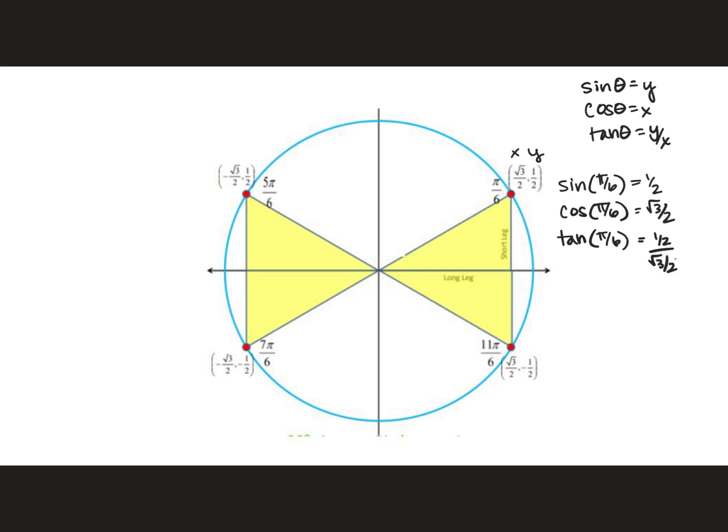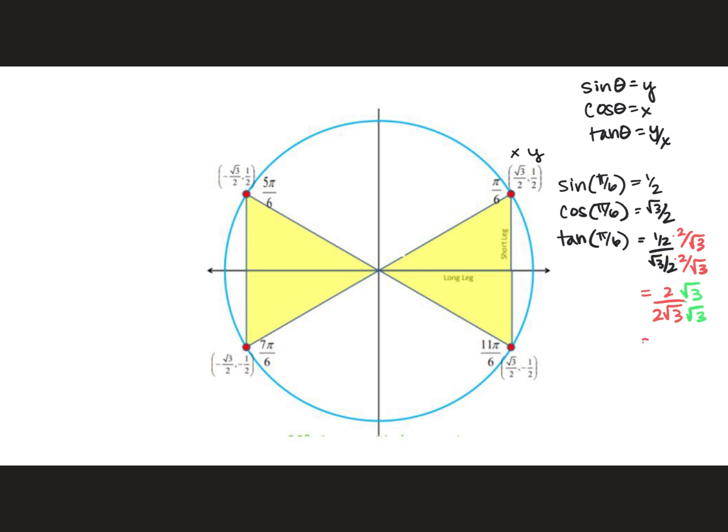Okay, and I got to do this work here one time so I can at least make it look a little nicer. So here, as I multiply through, it would be 1 times 2, which would just be 2, over, and then 2 times radical 3 would be 2 radical 3. They won't want it to stay like this, so I would rationalize by multiplying by radical 3.